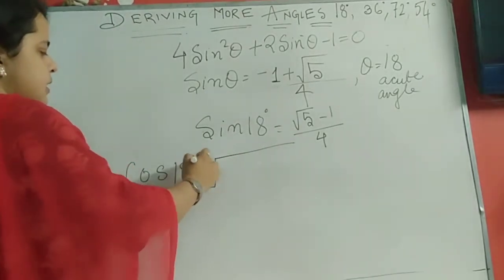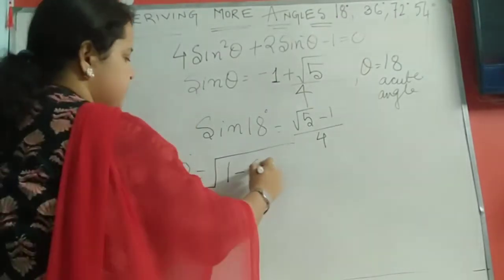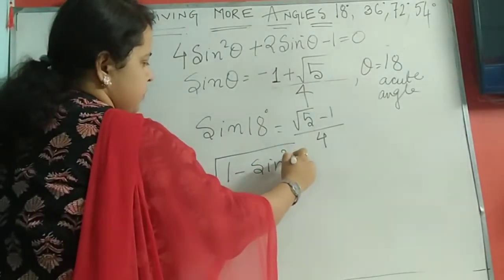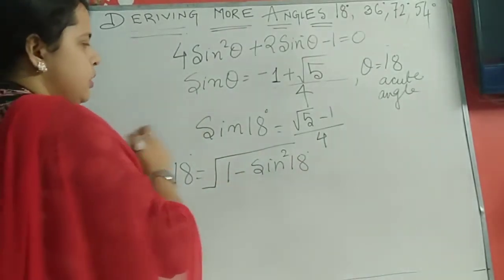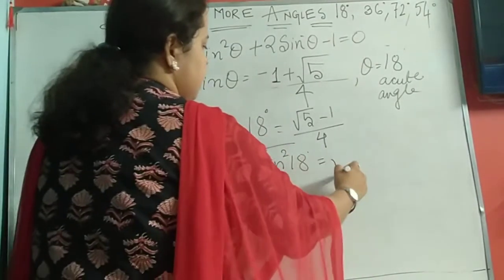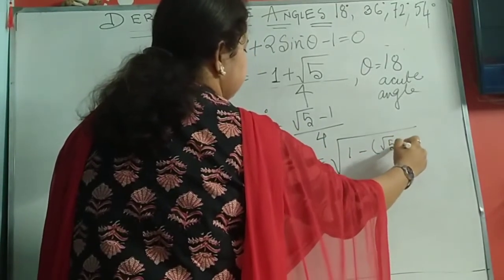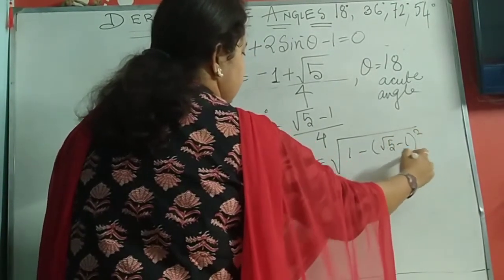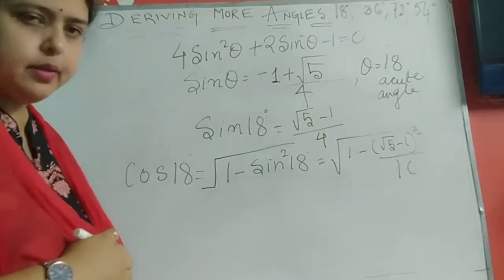So cos 18 can be written as root of 1 minus sine square 18 degree, and the square root here, correct? So in place of sine 18, we can easily substitute the value. 4 square is 16 here, correct?